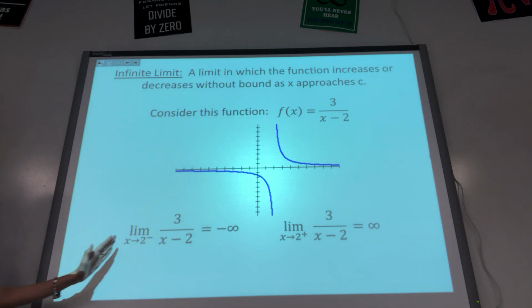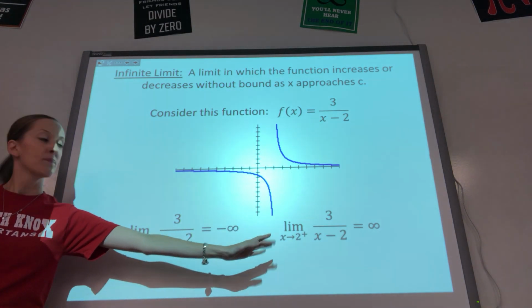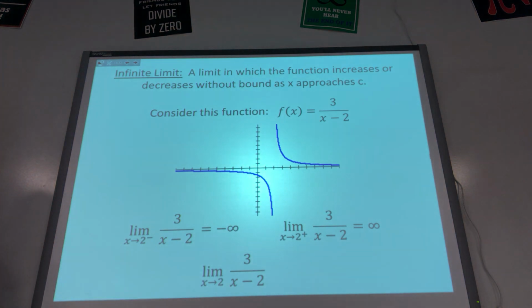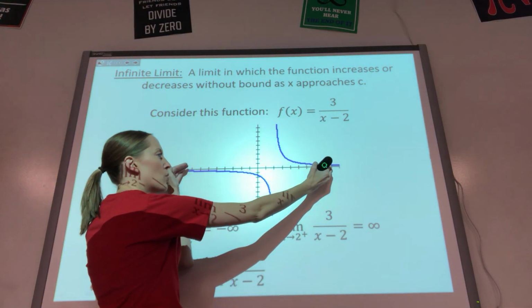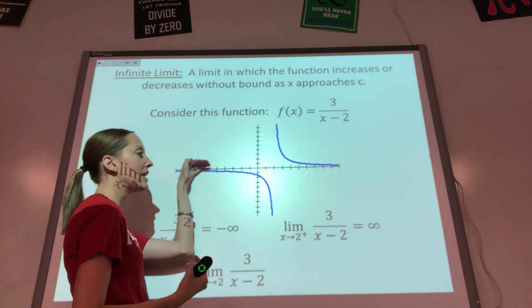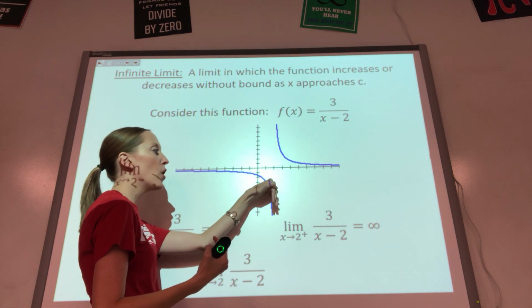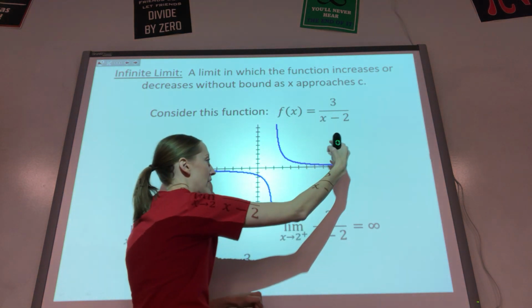Now, let's say that they gave you the limit without the plus or minus. This is pretty important here. If you're supposed to find the limit as x approaches 2 from both sides, well, we already talked about them separately, but I'm going to do it again. As I come in to where x is 2 from the left, I'm approaching negative infinity.